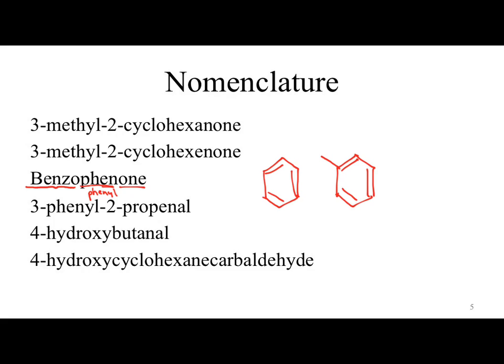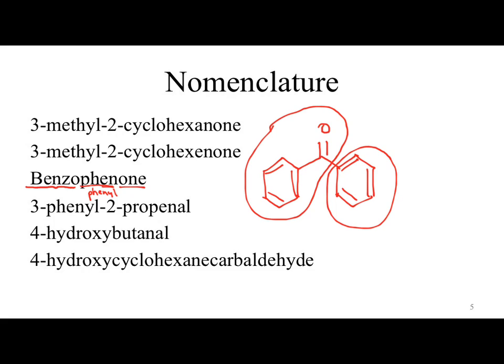Benzo sounds an awful lot like benzyl, so what we're probably looking at is an extra carbon in between. The ONE ending suggests a carbonyl. There's our benzyl and our phenone, or our phenyl.